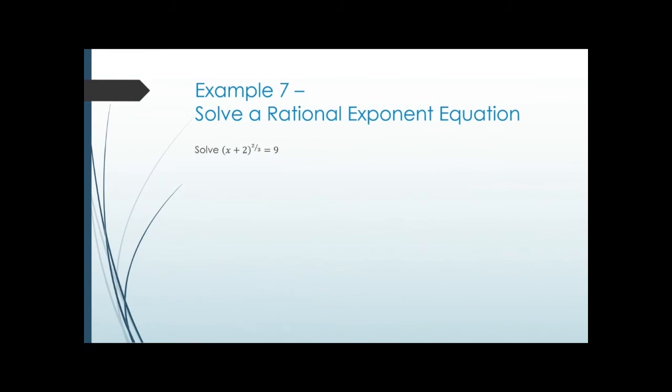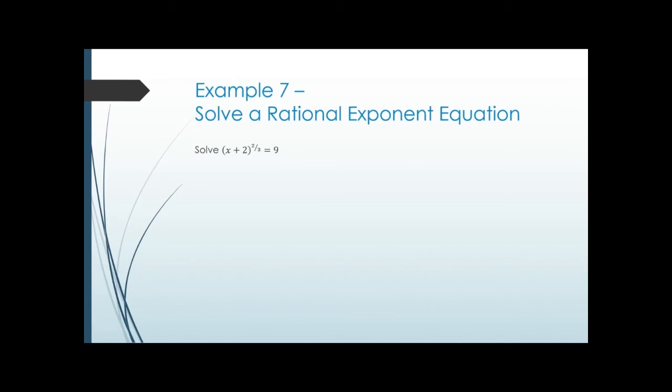Now the next one has a rational exponent. It still falls underneath a radical because anything where you have a fraction in your exponent can be rewritten as a radical equation. And my guiding rule still applies. I have x plus 2 in the parentheses, so we should have one solution here because that's linear.